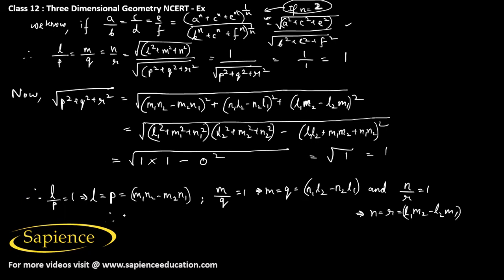Therefore here P, Q, and R are the direction cosines of the line L3.